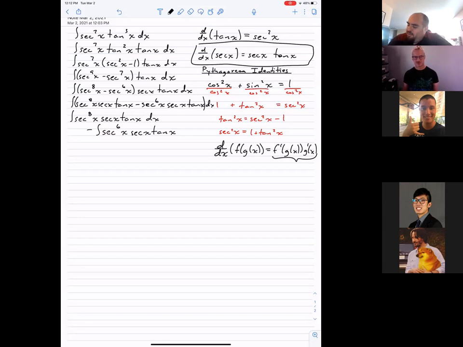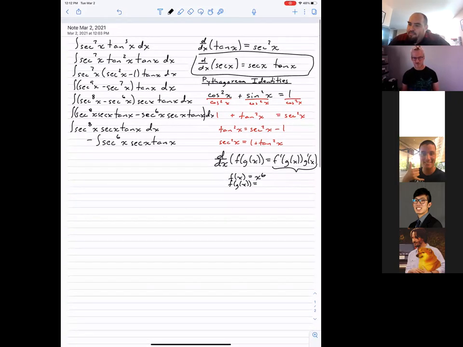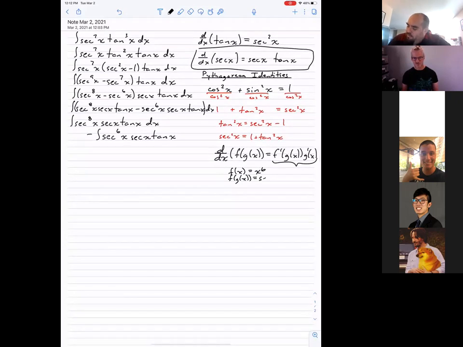So let's try to build these things up here. Let me say that f of x is equal to x to the sixth. If that's true, then what function am I nesting inside x to the sixth to get what I have here? Secant of x. Oh, that's not right.